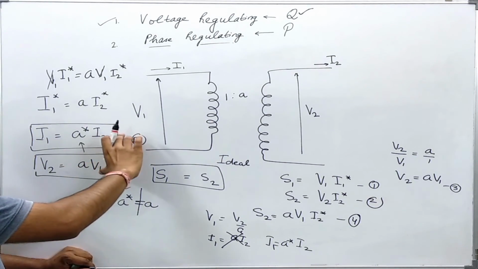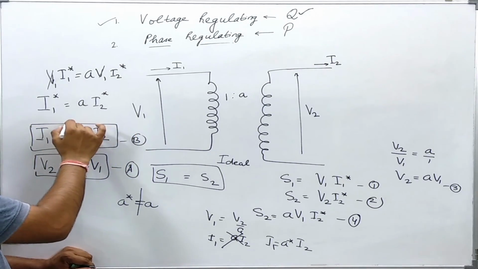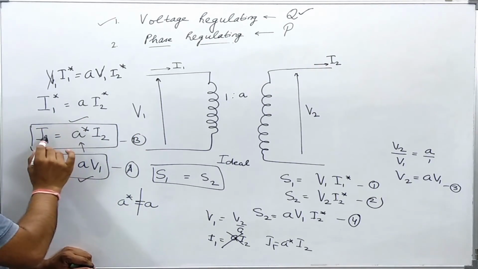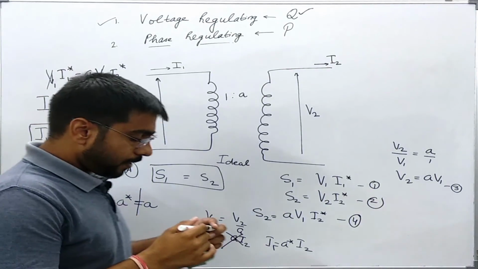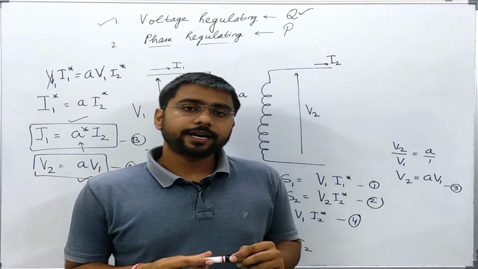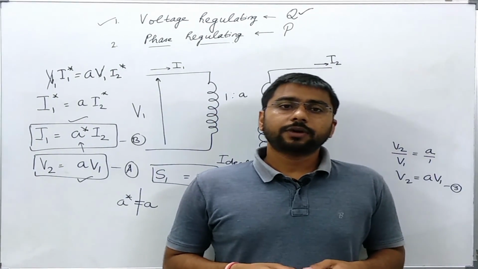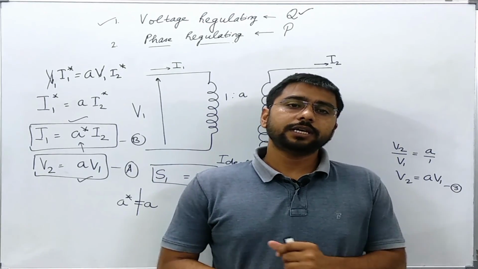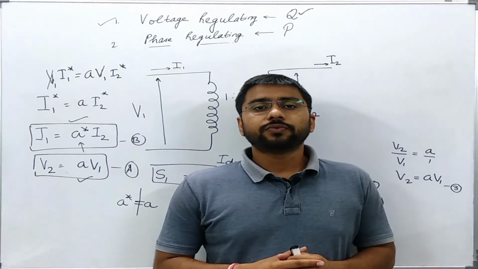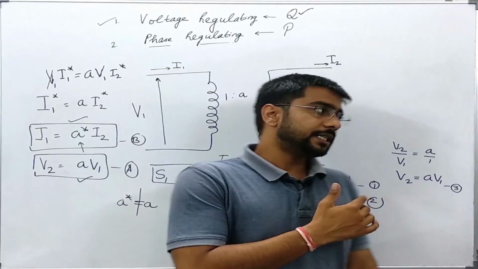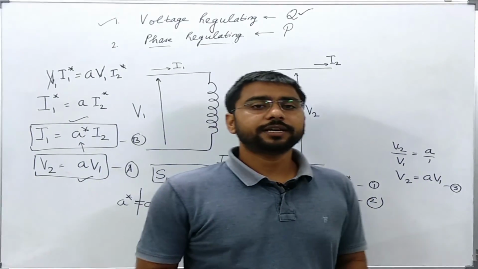So we have to use these two equations for voltage and currents. Now in the next video, we will try to derive the admittance matrix for a transformer which has a complex transformation ratio.